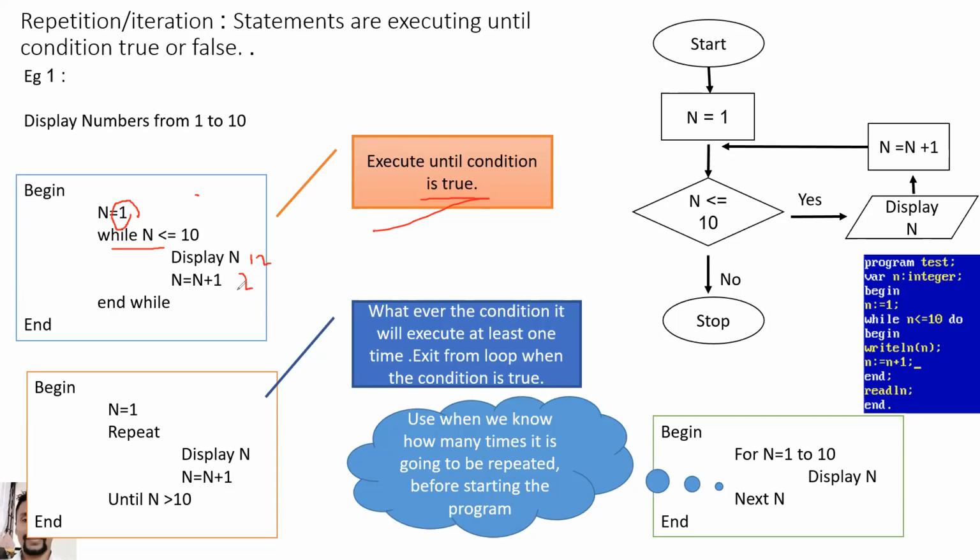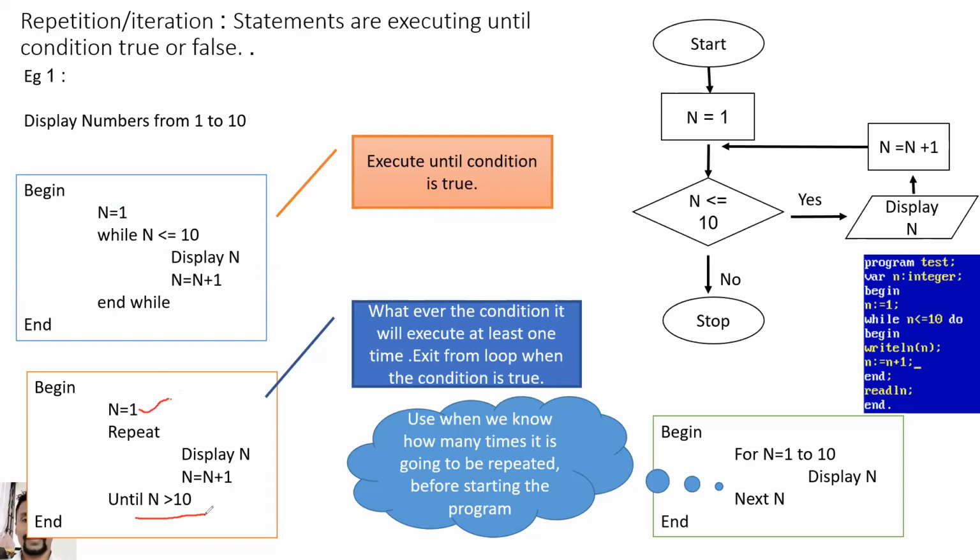Now look at repeat until. Here I have used n equal 1, then repeat, then display n, then n equal n plus 1, same thing. But see the condition: until n greater than 10. Now what has happened here?